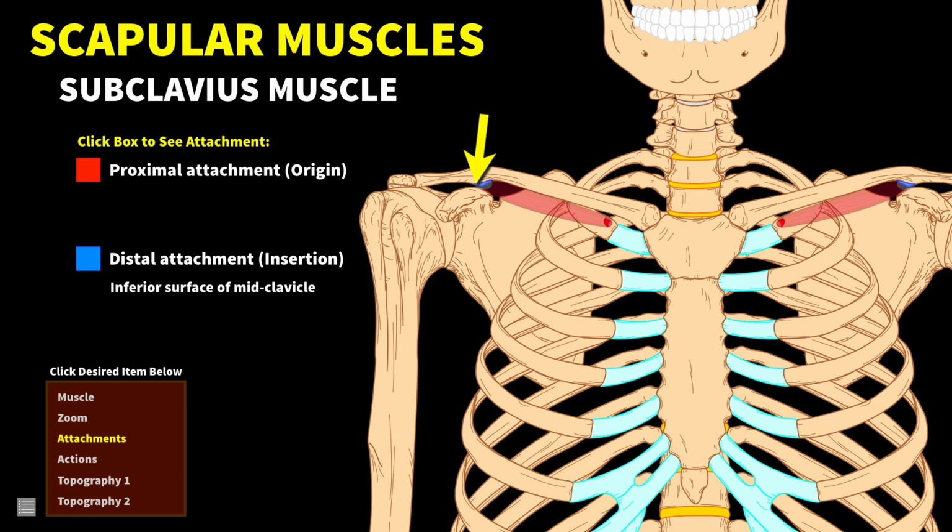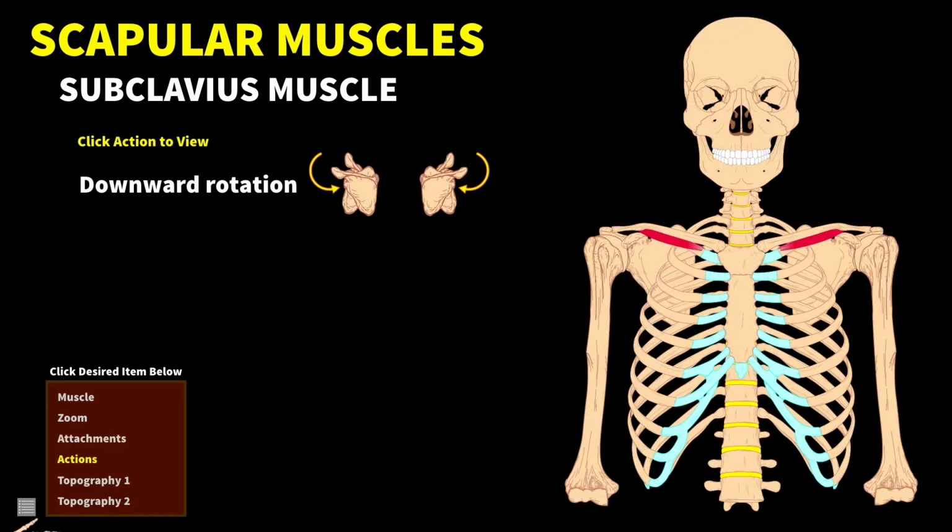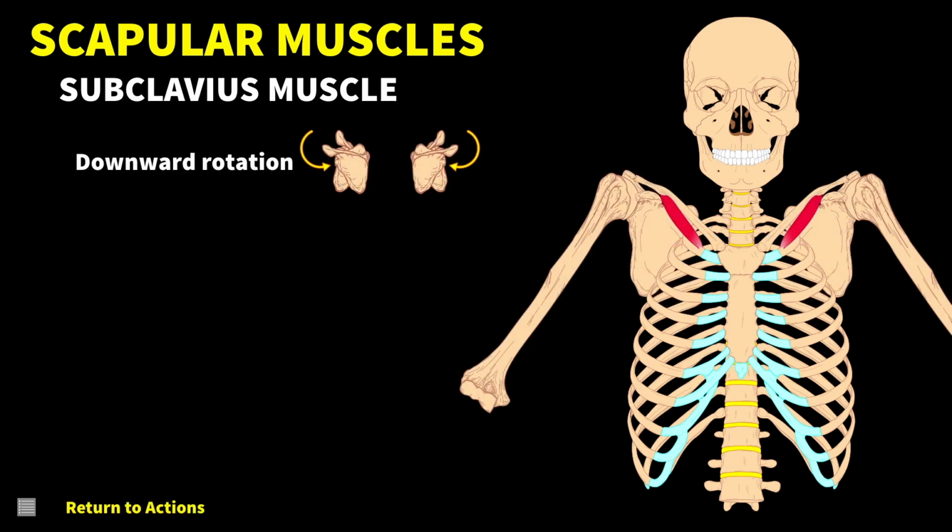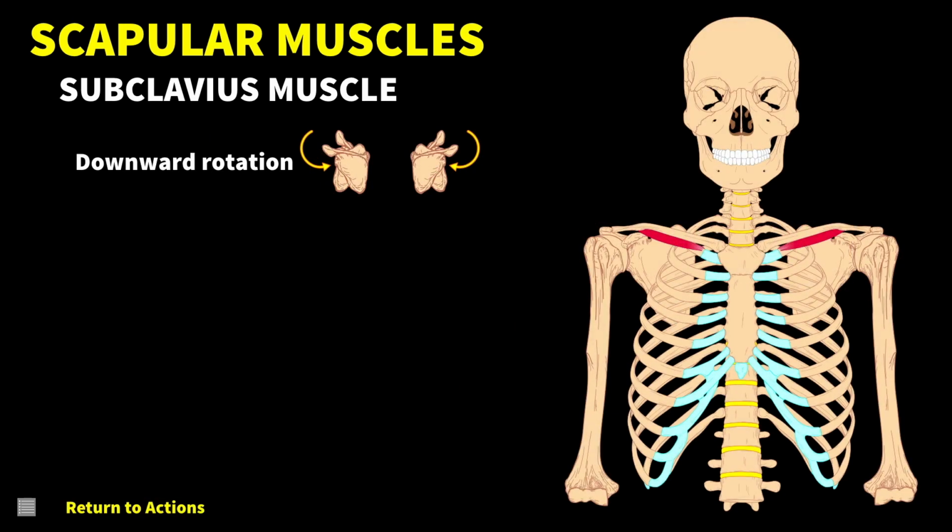Based on the attachments, can you deduce the action the muscle produces when it contracts? Notice it pulls down on the upward tilted clavicle. It pulls the clavicle downward, which in turn rotates the scapula downward.